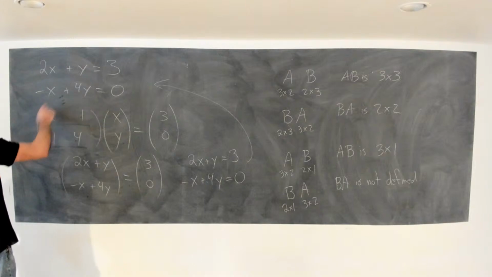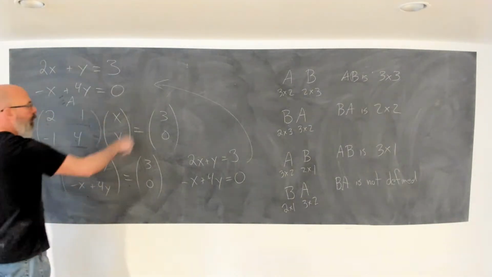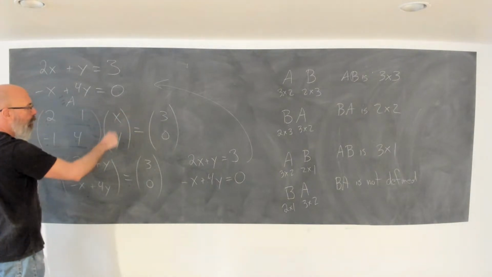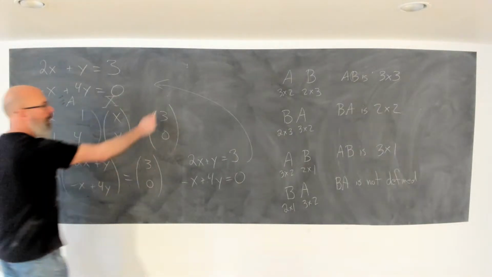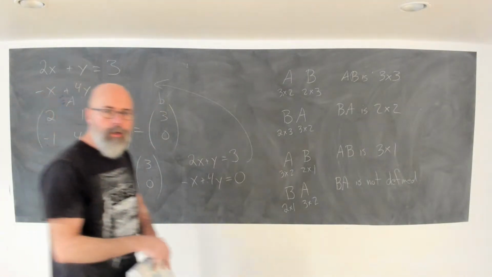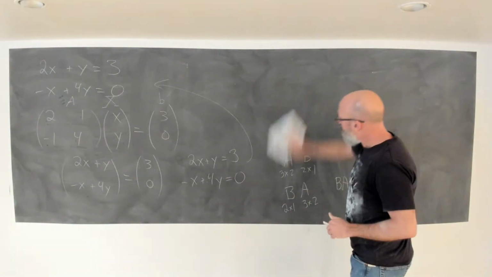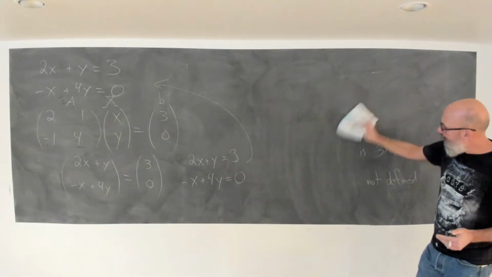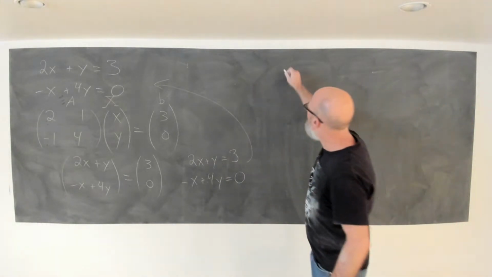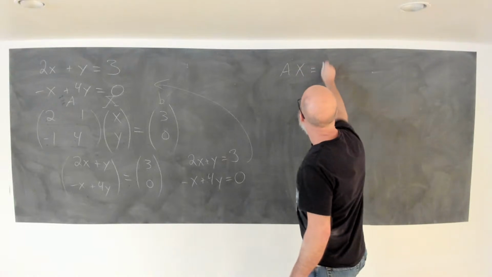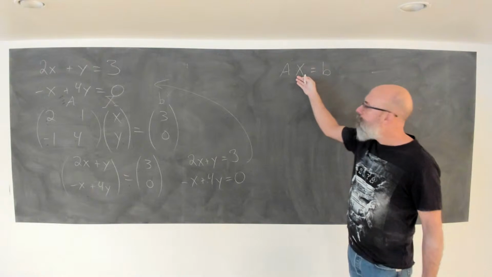Where in general, if you call this matrix A and you call this unknown, what you're solving for, x and y, let's call this capital X. And if we call this B, in general, a system of equations can be rewritten as a matrix equation, AX equals B, where you're solving for X.